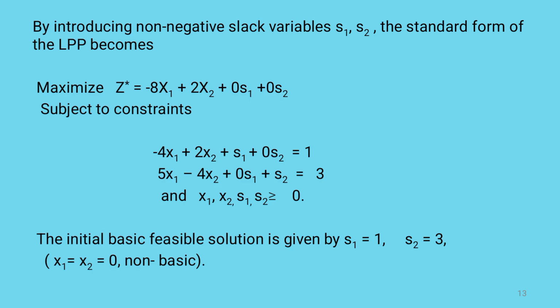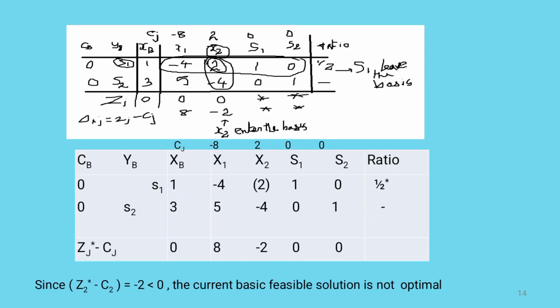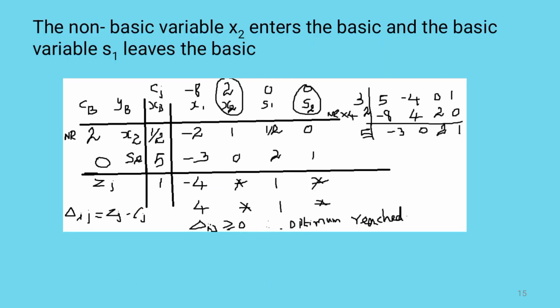Here x1 and x2 are 0, that is, non-basic, and we formulate the standard form as a table. We calculate the pivotal element and proceed likewise. This current solution is feasible, but it is not optimal. We go to one more table and we get the positive z value.